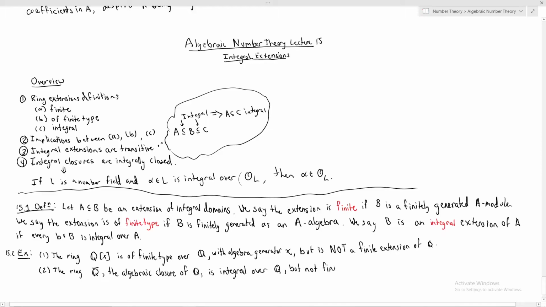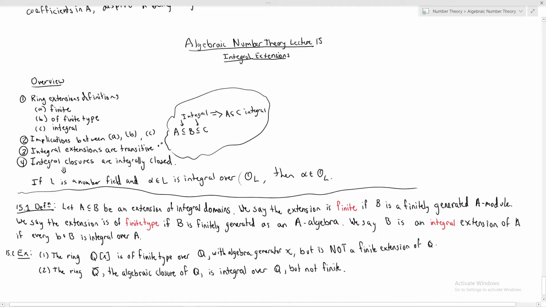So I guess there are really two claims hiding in here. The fact that it's integral over Q, well, Q is a field, so integral is equivalent to algebraic, and every element of the algebraic closure is algebraic over Q.